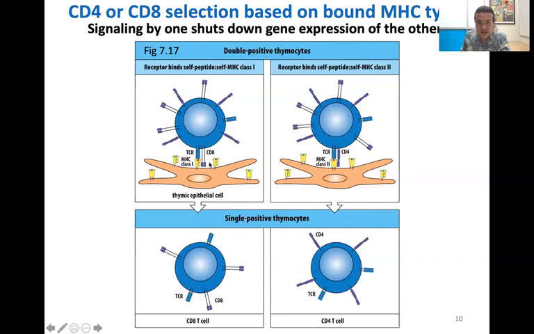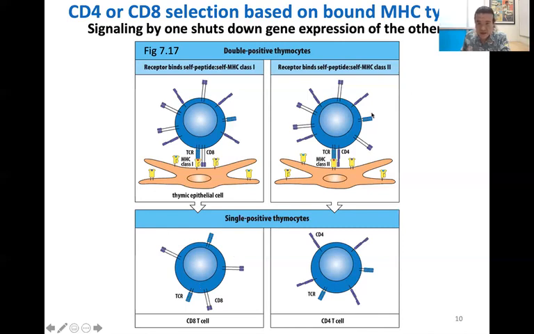Right? So in this case, what it means is this double positive thymocyte on the left, right, it binds with its TCR to the red dot on MHC1. The CD8 receptors on its surface come over and confirm, oh yeah, we've bound to MHC1. So what happens? This then sends a signal into the nucleus of the cell that says, stop making the other co-receptor, stop making the CD4, and just stick with making CD8 from now on.